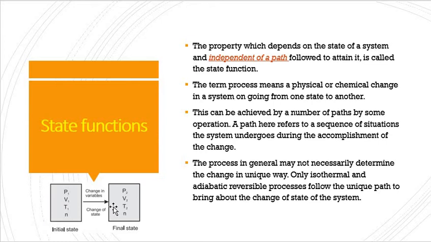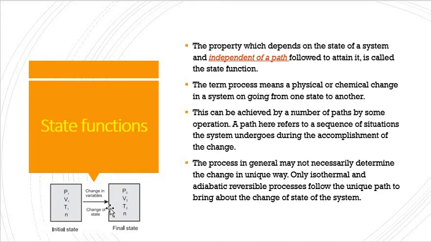Means you have the container with initial state P1, V1, T1 and n. You have done something and you are having now final state of this container having functions like P2, V2, T2 and n. So this is the final state.